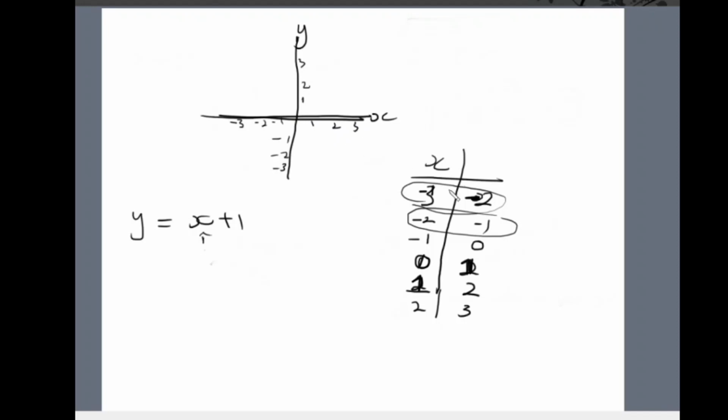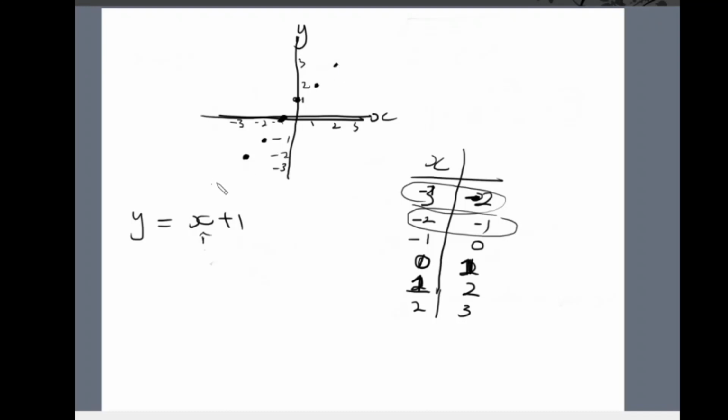And then when you plot these points, you'll have minus 3 and minus 2 will be there, and then you'll have minus 2 and minus 1 will be there, and then we'll have minus 1 and 0 there, and we'll have 0 and 1, which will be there, and then we'll have 1 and 2, which will be somewhere there, and then we'll have 2 and 3, which will be somewhere there, right?